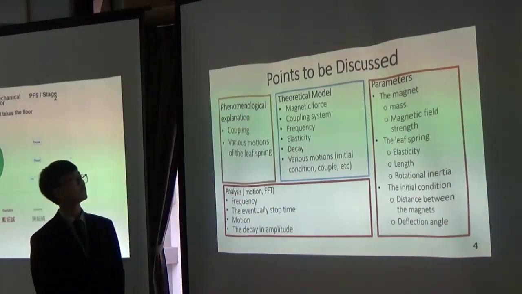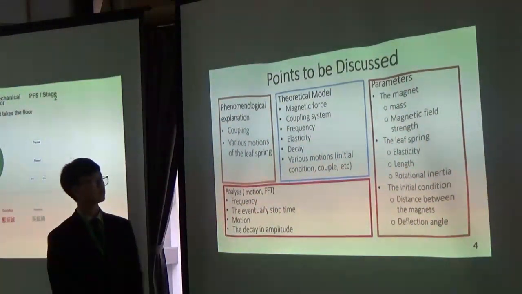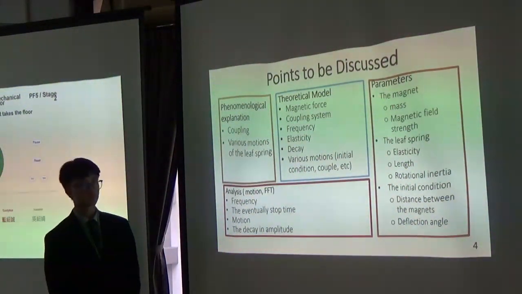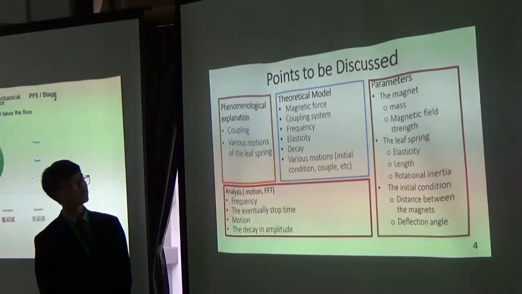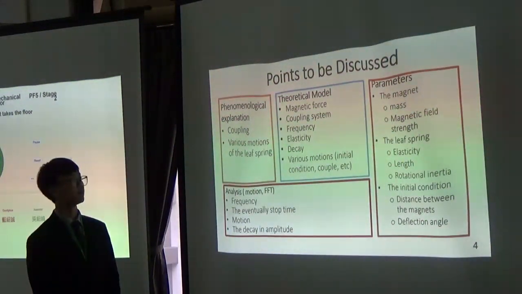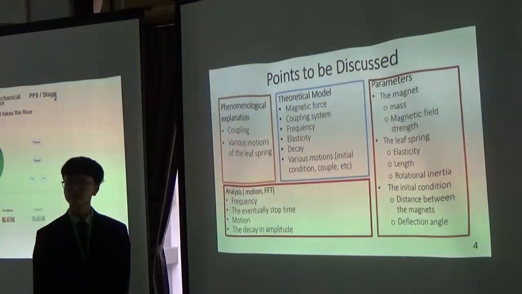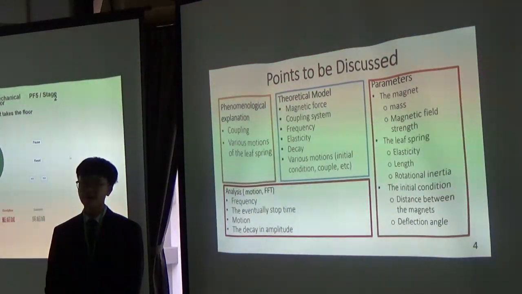First is the phenomenological explanation of the coupled springs, because we believe that there must be some relationship between the springs. And about their theoretical model, we want to discuss the magnetic force and the coupled system, since it is a specialized system in which magnets affect one another.